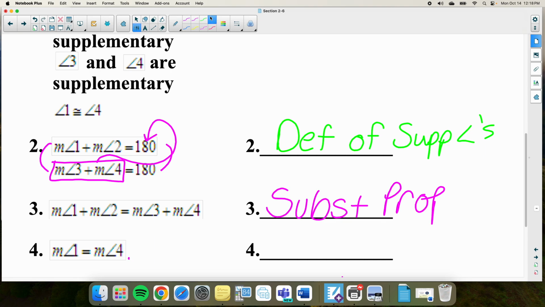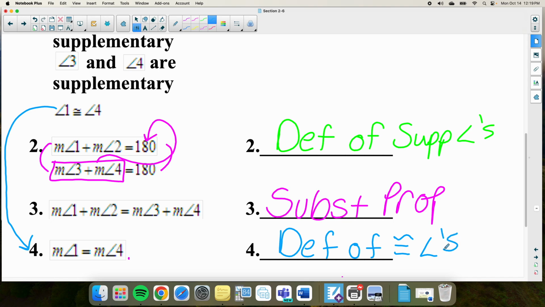But what they actually did is they took this and all they did is got rid of that squiggly and added the little m's. But that one would be hard to go back and see. You always tend to look at the one right before it. So what is that called? Very good. Definition of congruent angles. Okay.